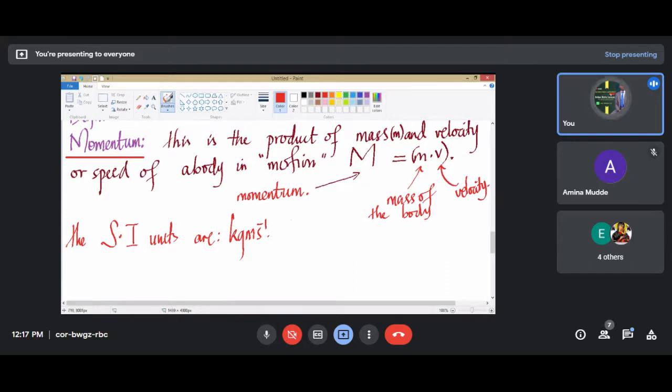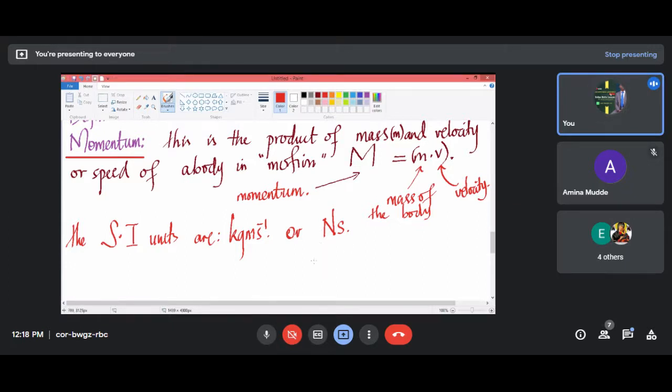Kilogram meters per second can be deduced as the units. Or, if you don't say kilogram meters per second, you can say newton seconds. That is the alternative, newton seconds.